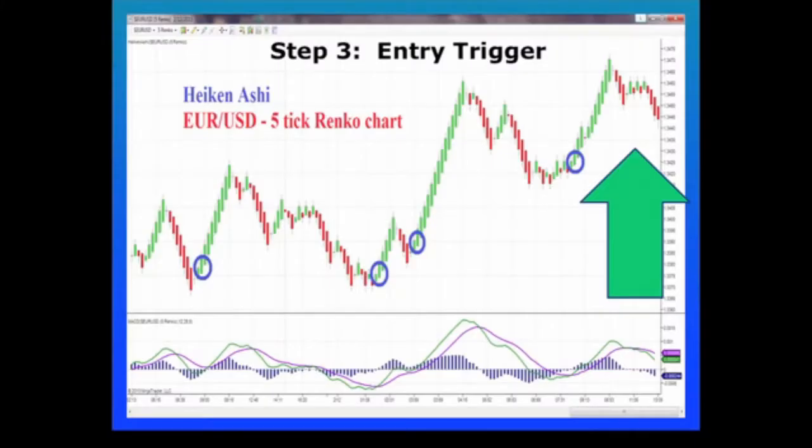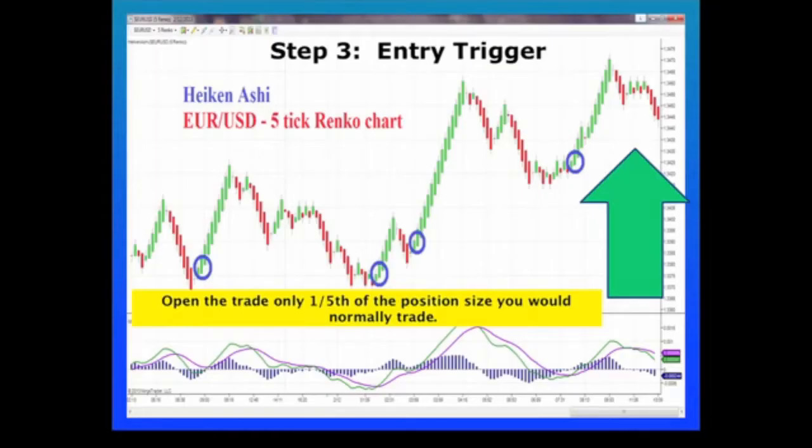I kind of marry them together. And that paints kind of nicely like that. And here we've got 4 entries as well. Again, only open the trade with 1/5 of the position size that you would normally take. I'll explain to you why that's important in just a little bit.